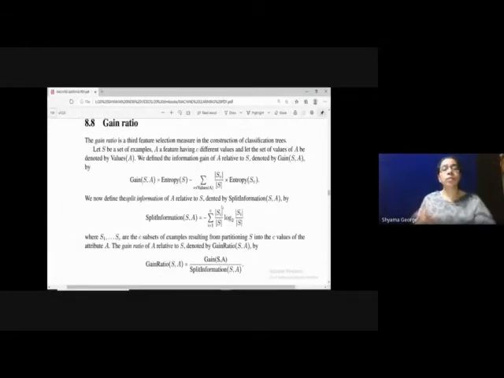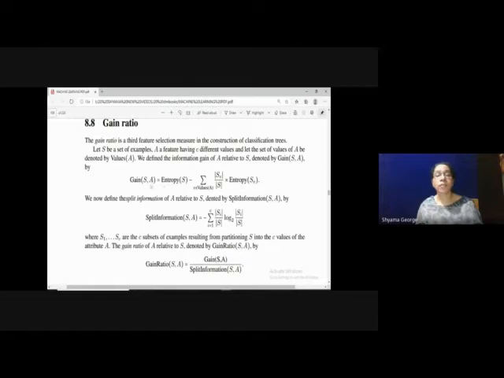So there is one more feature selection measure, which is known as gain ratio. Gain ratio is the third feature selection measure in the construction of classification trees. The formula for gain ratio is like this: gain ratio of S, A is equal to gain of S, A divided by split information of S, A. Gain of S, A you have already seen: entropy of S minus sigma v in values of A of Sv by S into entropy of Sv.